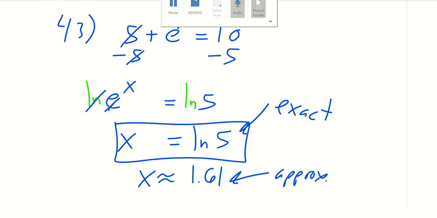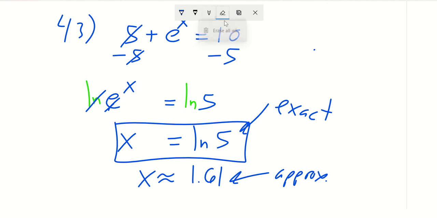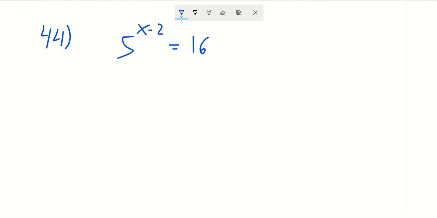Let's do another one of these. Question 44, we have 5 raised to the x minus 2 equals 16. We already have the exponential term by itself on the left-hand side.